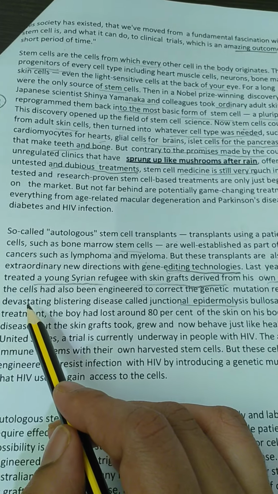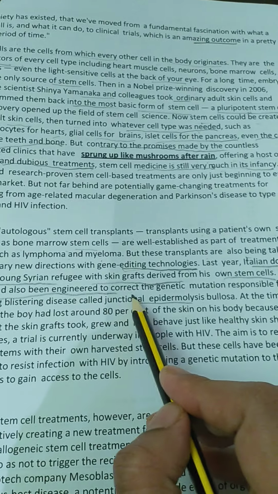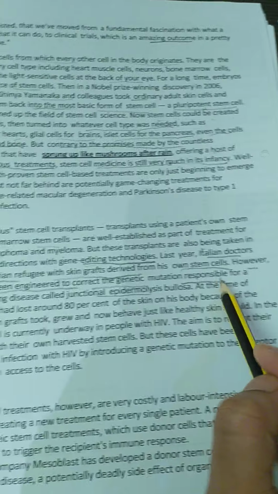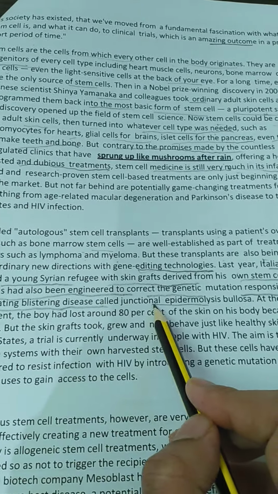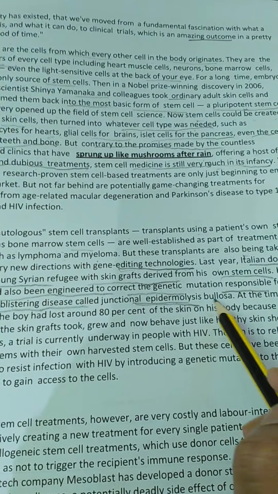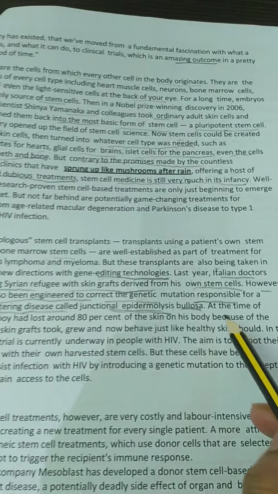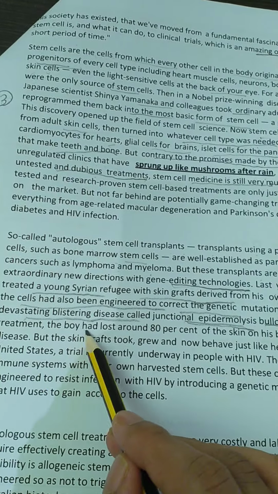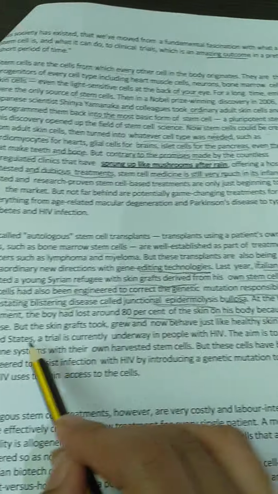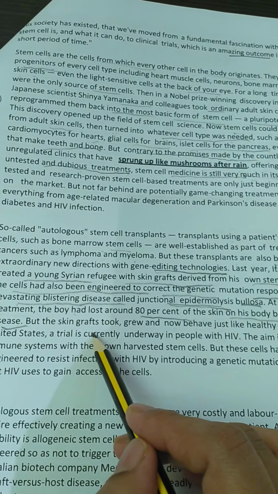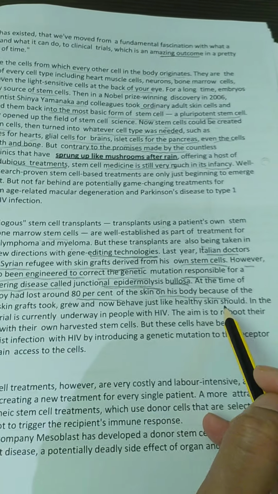However, the cells had also been engineered to correct the genetic mutation responsible for a devastating blistering disease called junctional epidermolysis bullosa. At the time of treatment, the boy had lost around 80% of the skin on his body because of the disease. But the skin grafts grew and now behave just like healthy skin should.